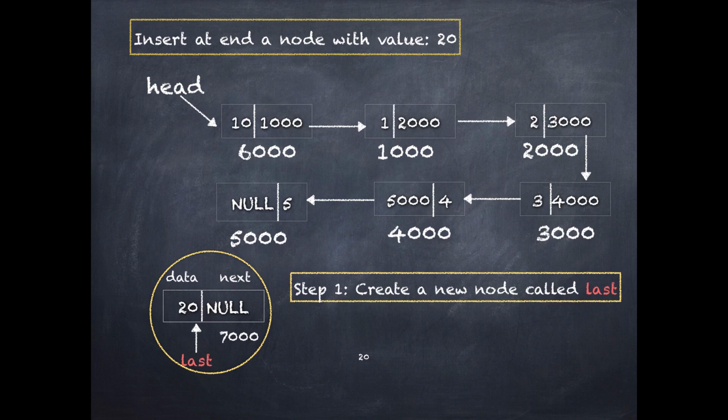Now the next operation is to insert a new element at the end of the linked list. That means now we are going to insert a new node after 5. After 5 I have to insert, but this is my status of the linked list, right?